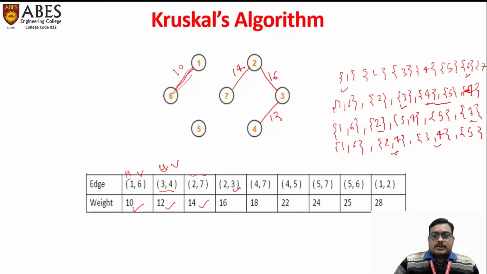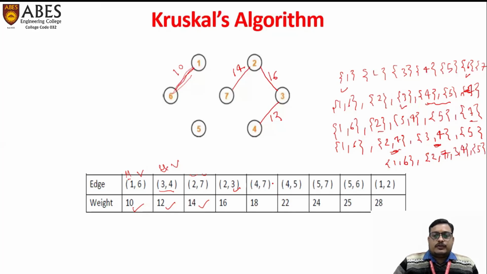And now we'll take the union of these sets, because vertices 2 and 3 are now in the same set. So now we have 1 6, 2 7 and 3 4 in the same set, and now we have 5.